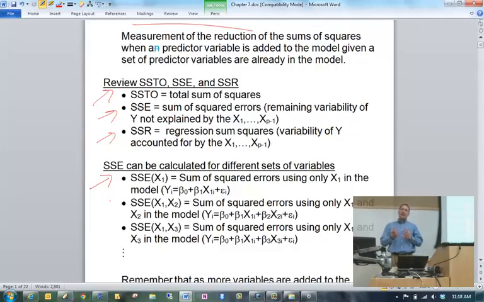SSE with some predictor variables inside parentheses represents the SSE from a model that contains these particular predictor variables only. So SSE of x1 is the sum of squared errors using only x1 in the model. SSE of x1 and x2: let's use x1 and x2 only to predict y. Here's the SSE that we have.